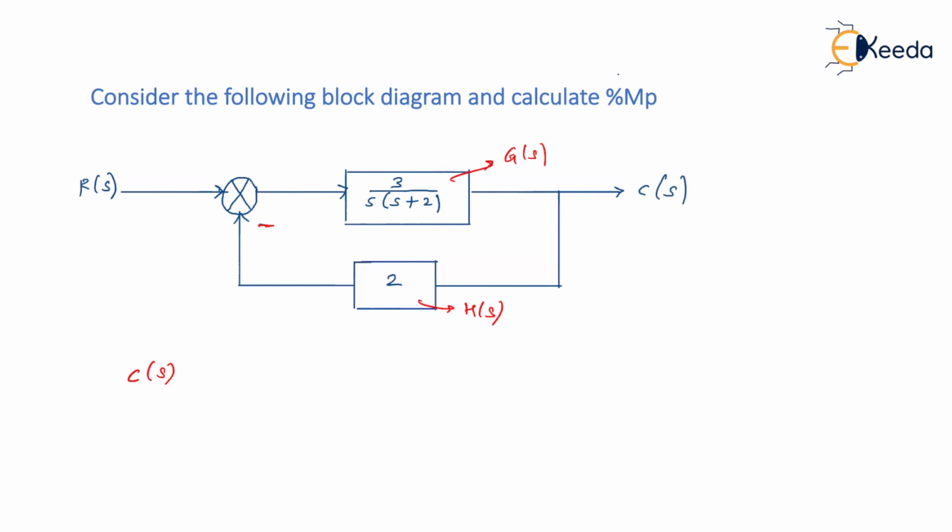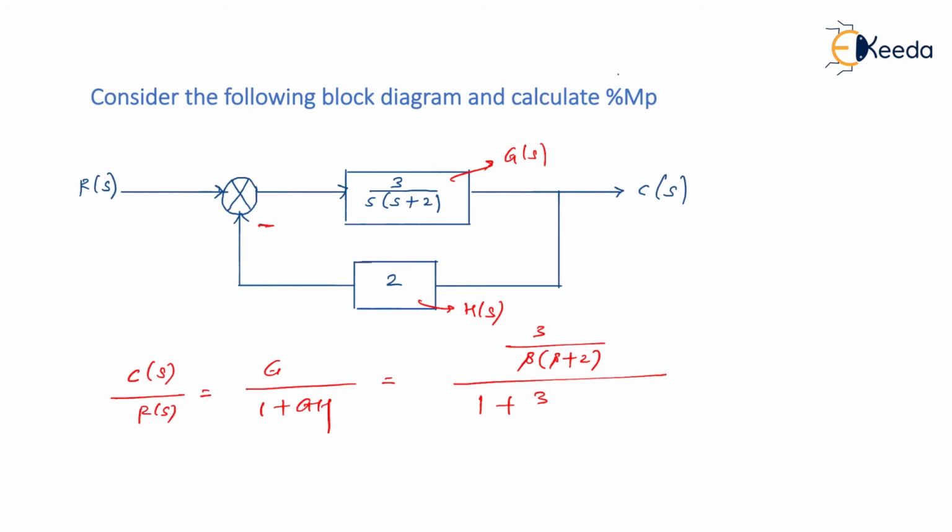So let us use c of s upon r of s, which is equal to g upon 1 plus gh, the formula that you have to use. So it is 3 upon s into s plus 2 whole divided by 1 plus 3 upon s into s plus 2 multiplied by 2.